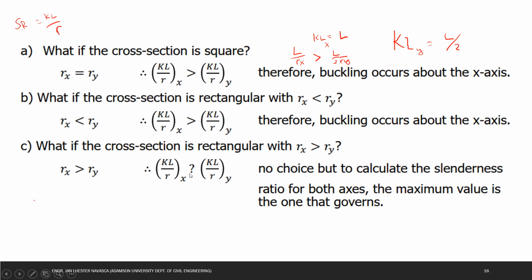Since we cannot determine how much Rx is greater than Ry, with our KLX being L and KLY being L over 2, we have no choice but to calculate the slenderness ratio for both axes. Please always note that the maximum value of the slenderness ratio always governs, or the buckling occurs at the location of your maximum slenderness ratio.